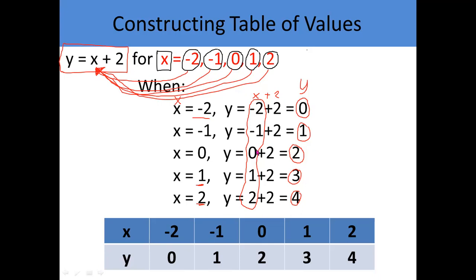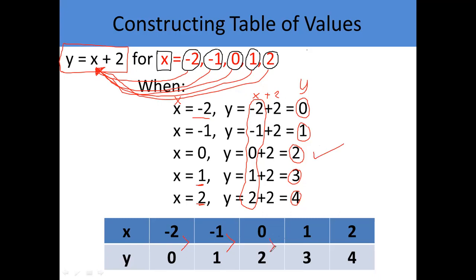From the equation, when x is -2, y is 0. When x is -1, y is 1. This is what we call the ordered pair. When x equals 0, y equals 2.